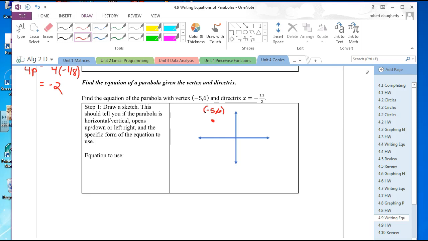I'm going to have a line here at negative 5.5. What's the distance from negative 5 to negative 5.5? 1/2. So P is going to be 1/2 in this problem.